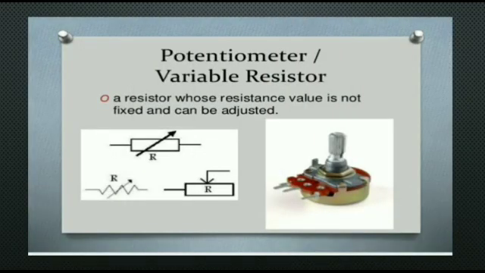Next, potentiometer or variable resistor. This is the component, and this is the circuit diagram symbol. A variable resistor's resistance value is not fixed and can be adjusted.